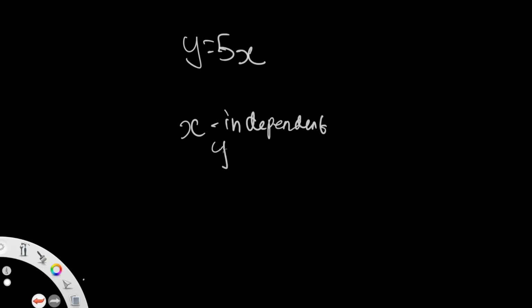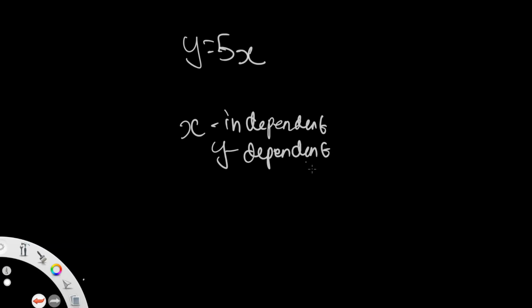Function notation. As we talked about earlier, function rules give the value of y with x altered, like y is equal to 5x. Function notation is like so. Suppose we have x, which is an independent variable, and we have y, which is a dependent variable.